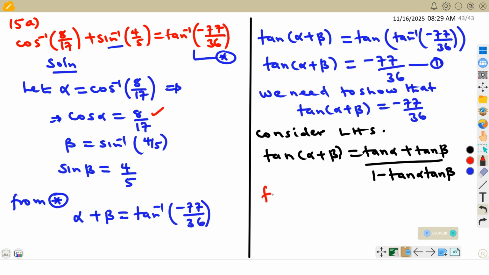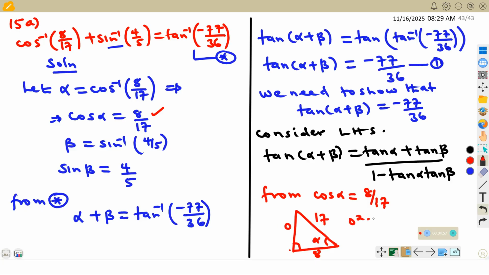We know that cos of alpha is 8 over 17, so we can draw a right angle triangle with 90 degrees here and alpha here. Cos is adjacent over hypotenuse, which is 8 over 17. So this is the opposite.